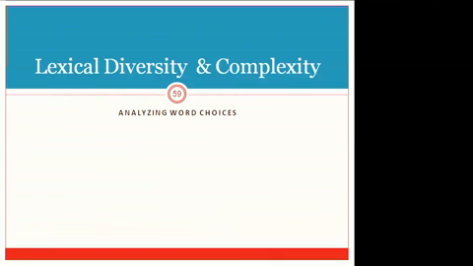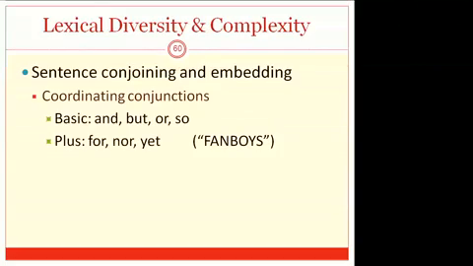When we are analyzing narrative microstructure for lexical diversity and complexity, essentially we are looking for the word choices that the student uses, or what is their vocabulary within that story. There are some key places to look for information about the student's vocabulary and the types of words that they use and the sophistication of their vocabulary choices.